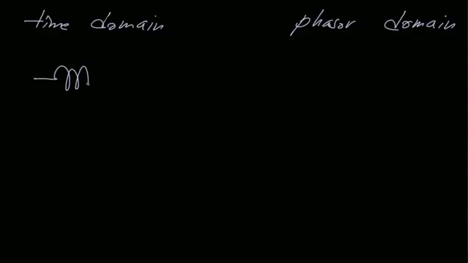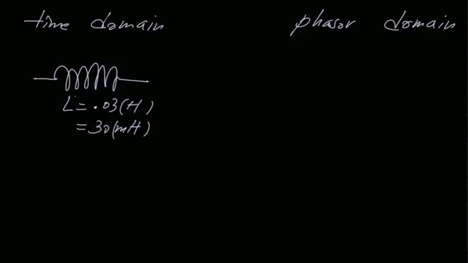All right, so here's my inductor. We know that the value of the inductor is 0.03 henries, which is nothing but 30 millihenries. So we have an IL of t in here, and there's a VL of t in here.